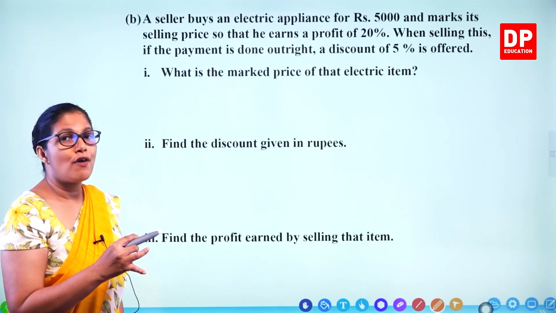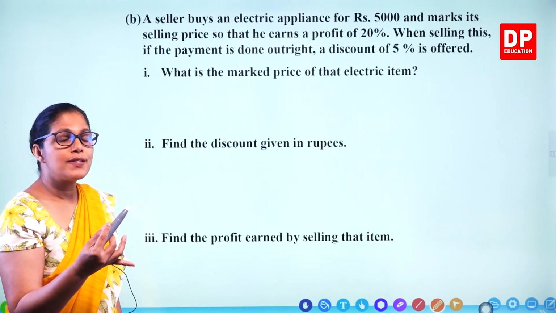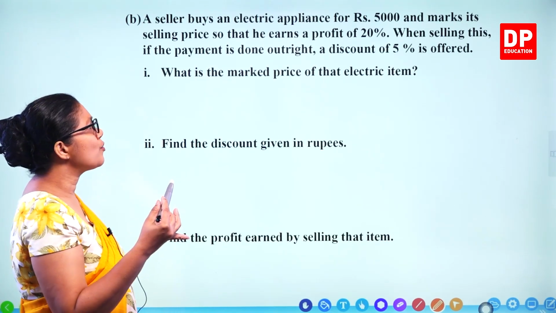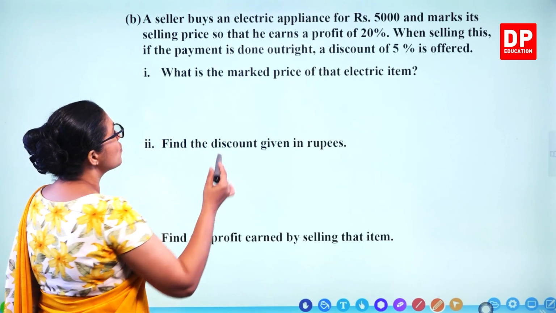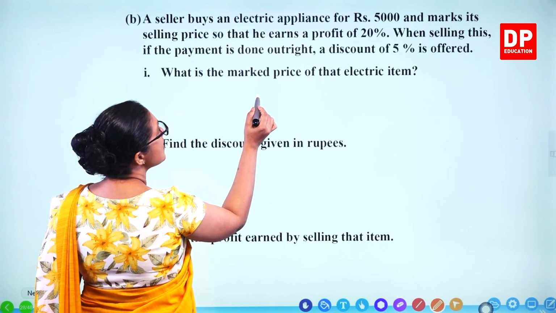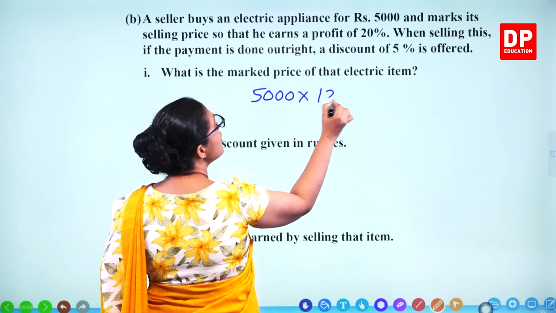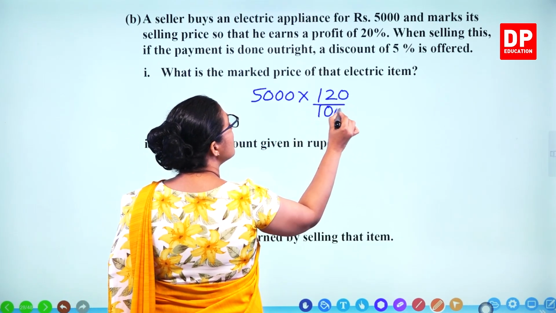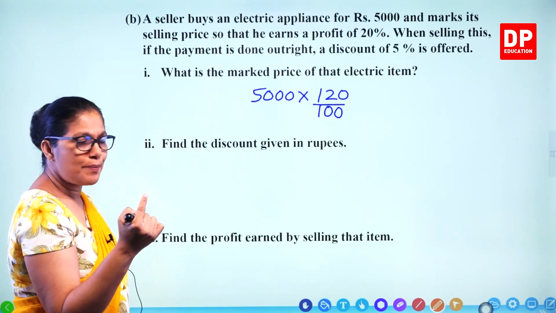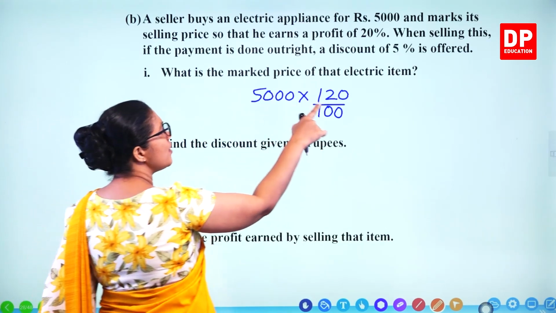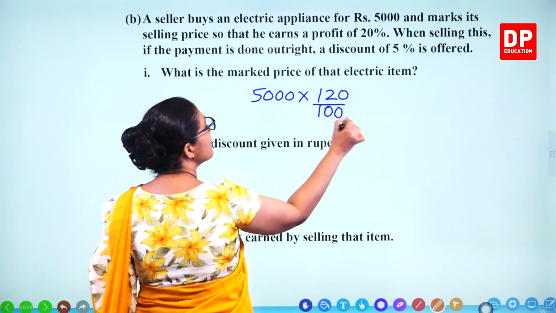If you buy for 100, you have to sell it for 120 to get 20% profit. So we can find the marked price as 5,000 into 120 over 100. You can do 20% and add it to the previous one, or straight away you can do 120 over 100.